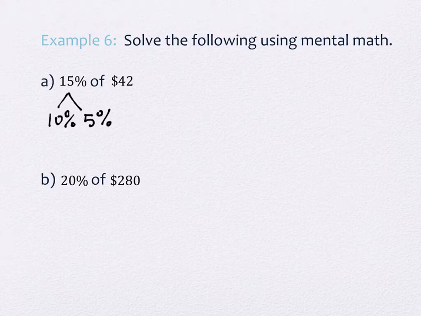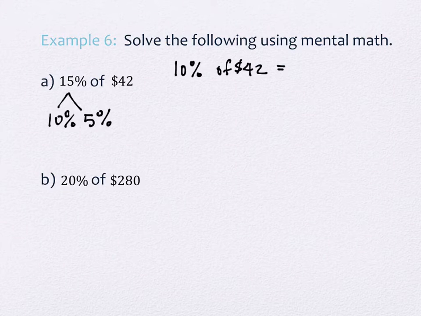Now, I do think that you can do 10% of $42 in your head. So, what is 10% of $42? 4.2, right? $4.20. You bet. Once you've done 10% of 42, you should now be able to do 5% of 42 very nicely.